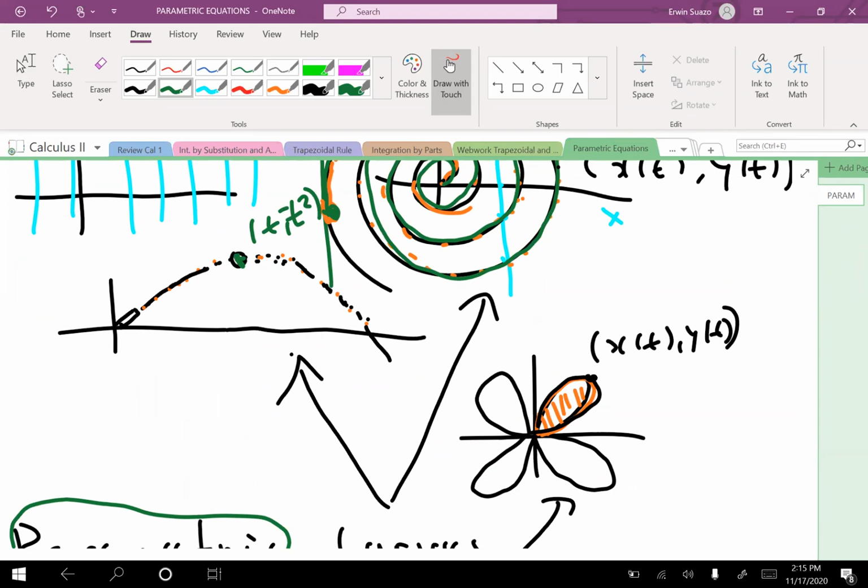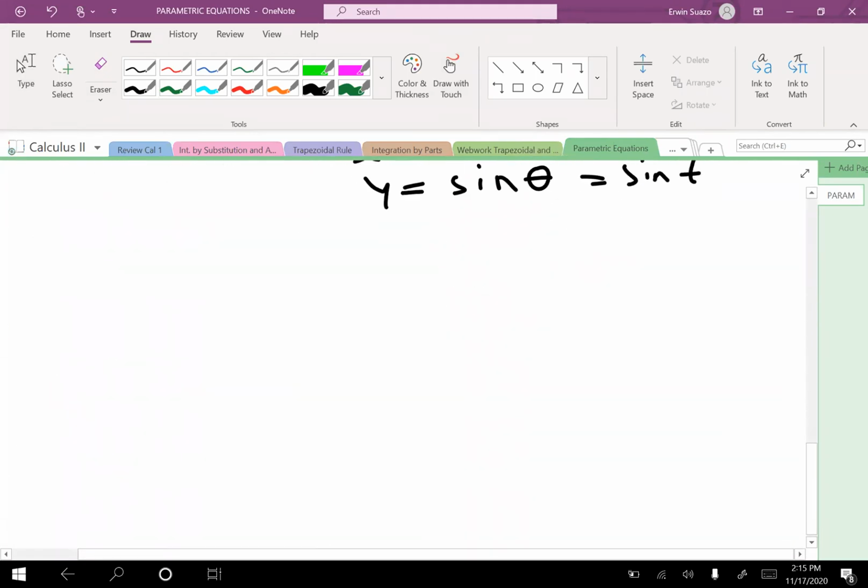Let me put something more consistent, because otherwise maybe it looks like something else. Like t minus 1 squared. It looks like a parabola that moves 1 to the center, and it's decreasing. It's going down, right? Something like that. So that's our objective.